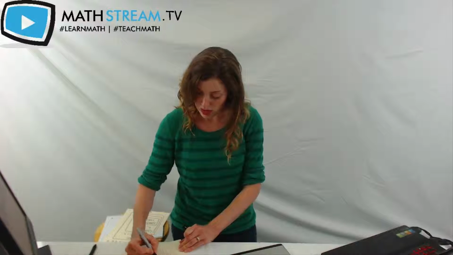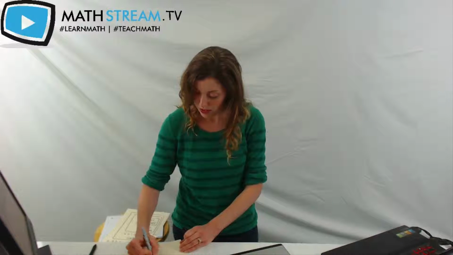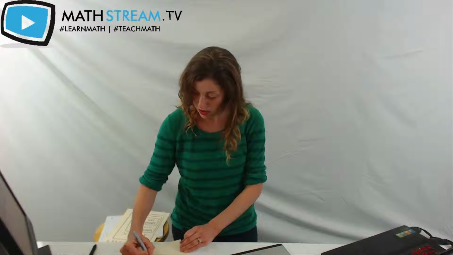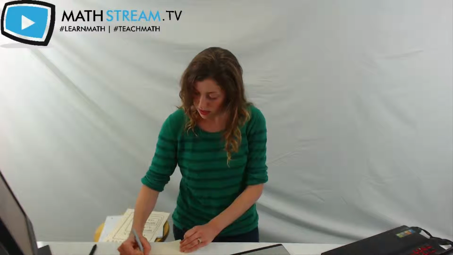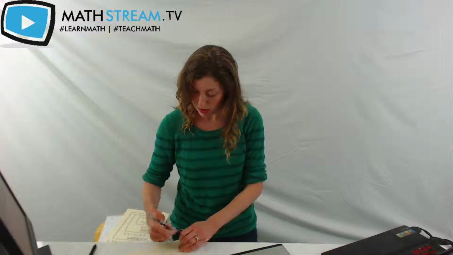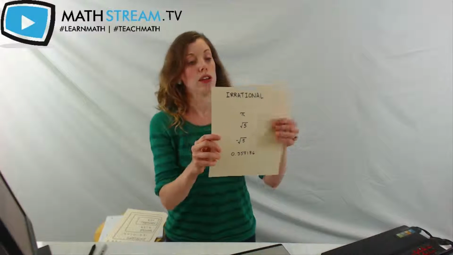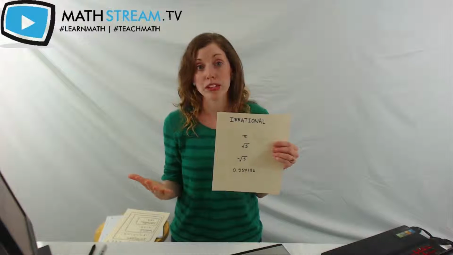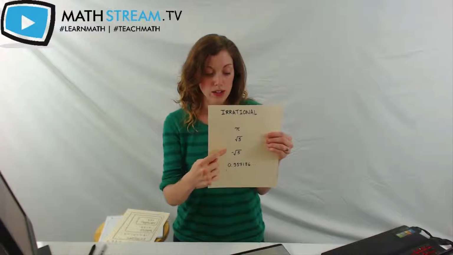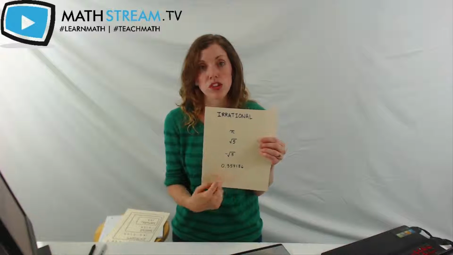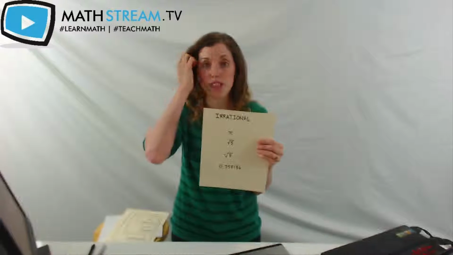Or just random jumbles of numbers that can't be written as a ratio at all. So let me show these examples to you. So the irrational numbers are numbers that cannot be written as a ratio. Pi, you have our square roots, or numbers that just go on and on and on and can't be simplified.